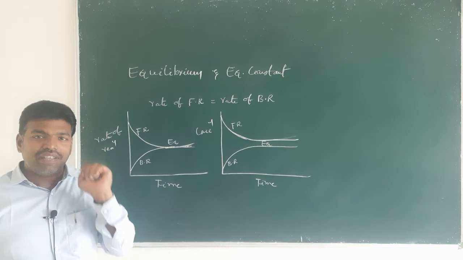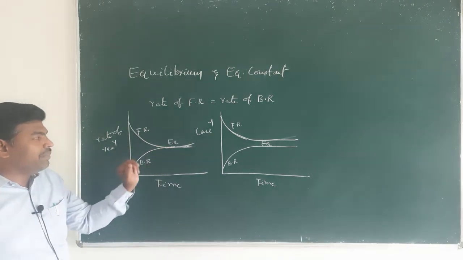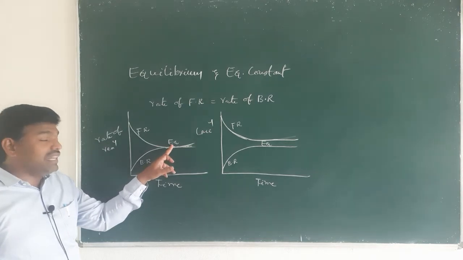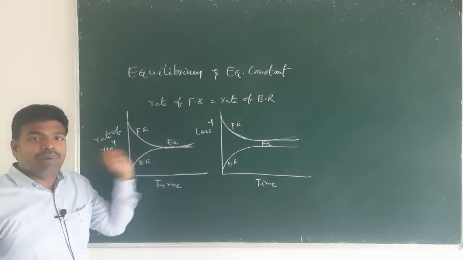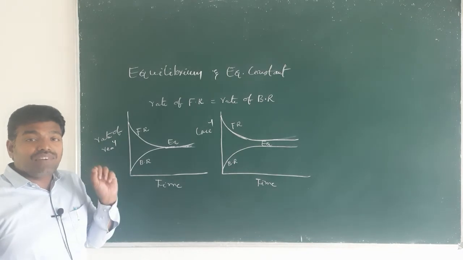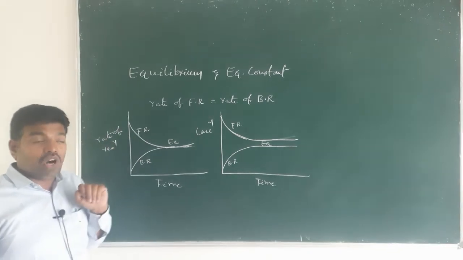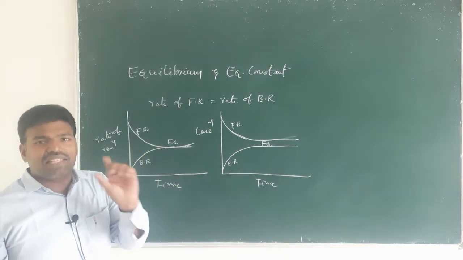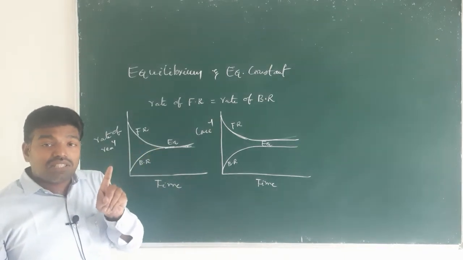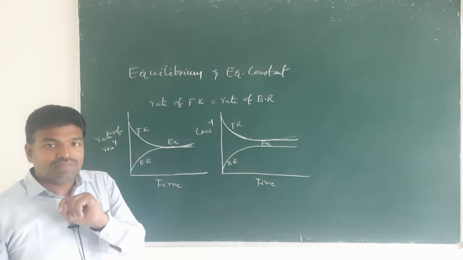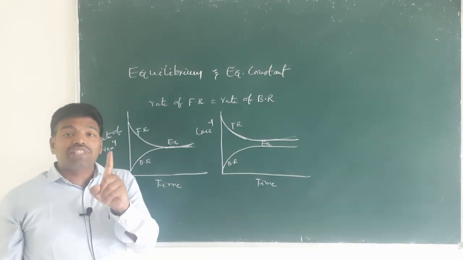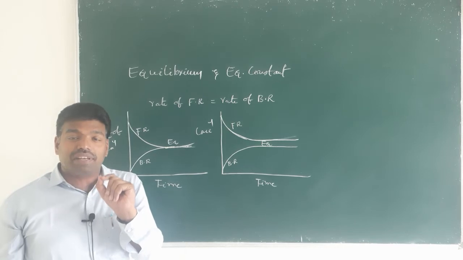Also, adding a catalyst has no effect on the equilibrium, because if the reversible reaction is being catalyzed by some catalyst, that catalyst does not affect the equilibrium. Catalyst is a foreign substance which accelerates the rate of reaction.